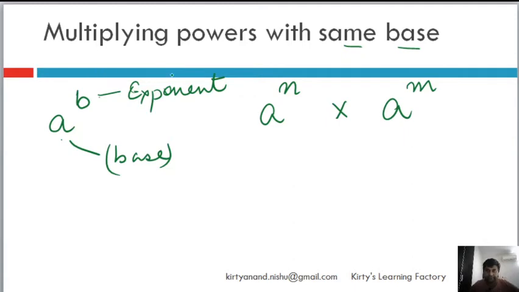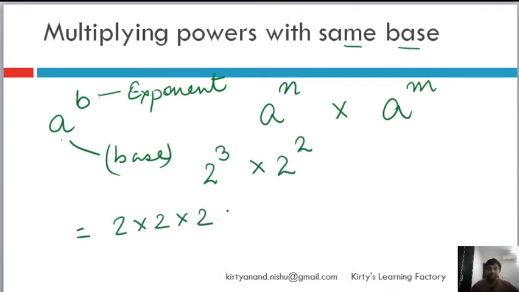So if there is a problem like this, what we will do? Let's see. Let's say we do 2 raised to the power 3 into 2 raised to the power 2. Okay. So how do we write 2 raised to the power 3? 2 into 2 into 2, right? And how do we write 2 raised to the power 2? 2 into 2.